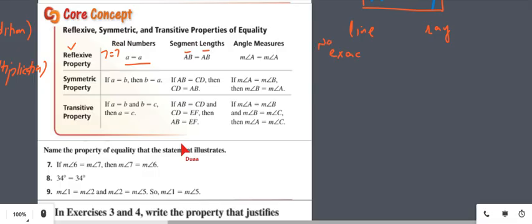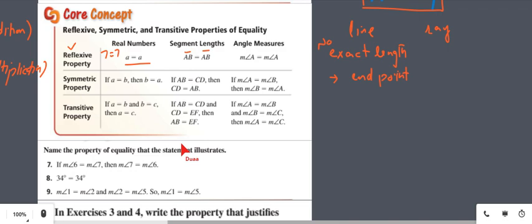A line has no exact length. And similarly for a line and for a ray there is no endpoint. Just due to these reasons we cannot say what is the length of a line. And what is the length of the other line, so we cannot make them equal.